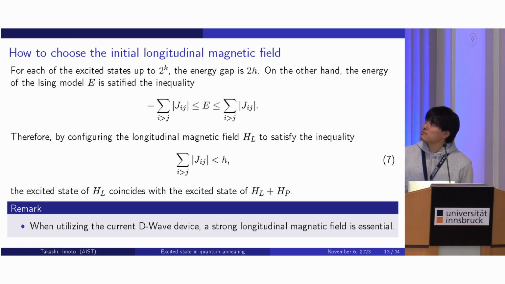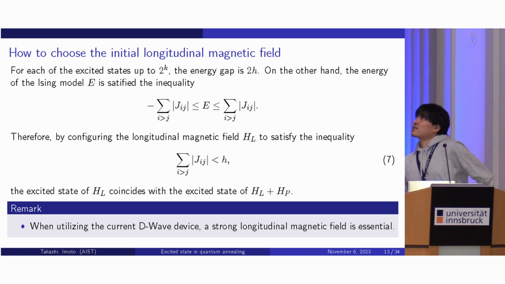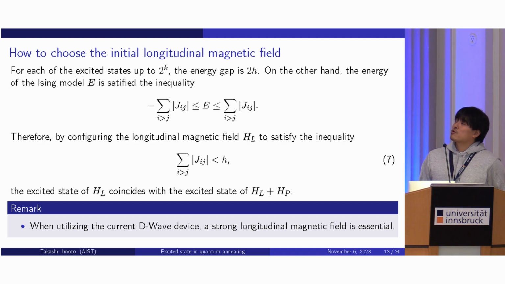Next, for each of the excited states up to 2^k, the energy gap is 2h. On the other hand, the energy of the Ising model E satisfies this inequality. Therefore, by configuring the longitudinal magnetic field H_L to satisfy this inequality, the excited state of H_L coincides with the excited state of H_L plus H_P.